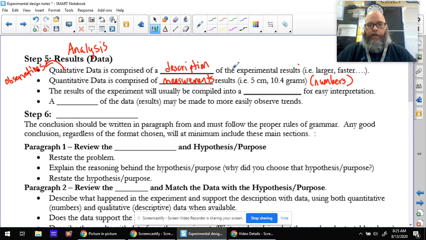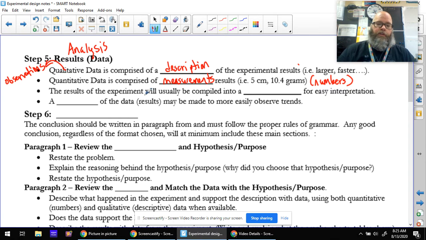Okay, so that would be our qualitative data. So we're paying attention to our plants. We're paying attention to our plants with how they look as well, what the soil looks like. Okay, and we're comparing all four, even with the control. We're looking at it as well.